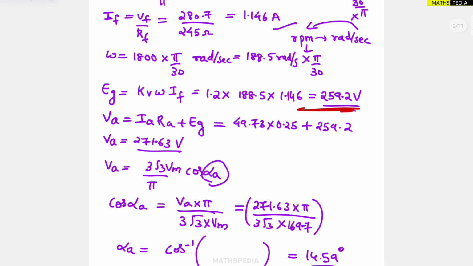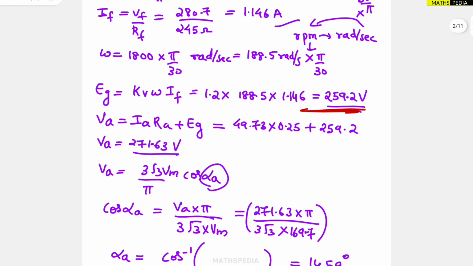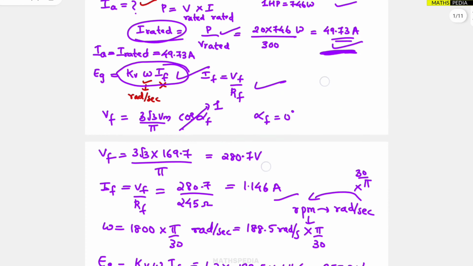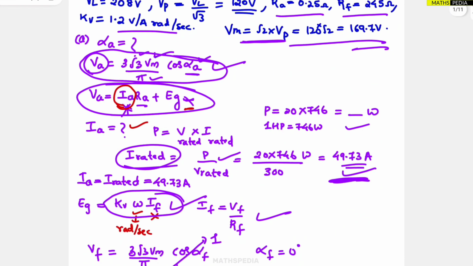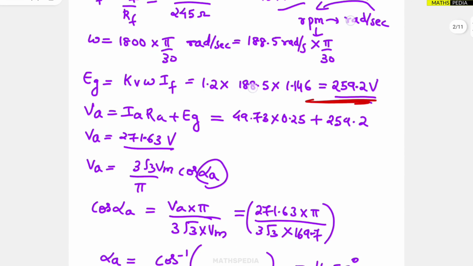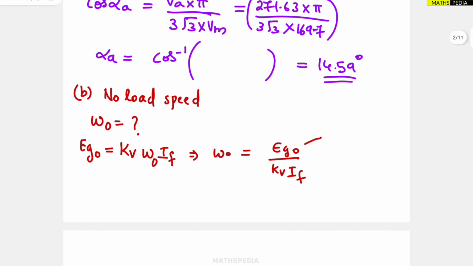But one problem is there. They have said that you are going to take the EG value considering that the armature current IA at no load will be 10% of the rated value. So whatever the rated value here, 49.73, I am going to take 10% of that.